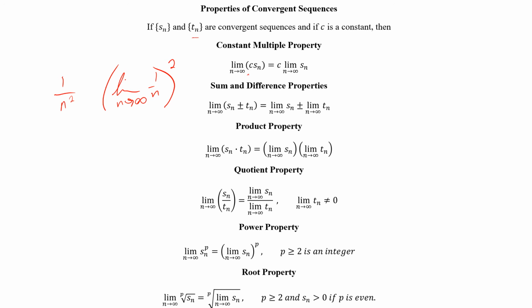And if the p is negative, weird stuff happens with roots of negatives. And when you have a power of a negative, you get 1 over that, which changes things significantly. So they have to be positive and bigger than 2. So that's a bunch of properties. You'll be using those, just splitting up limits. And we've worked with properties like this before. The questions will be similar.